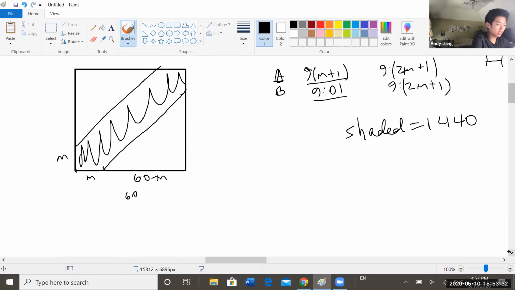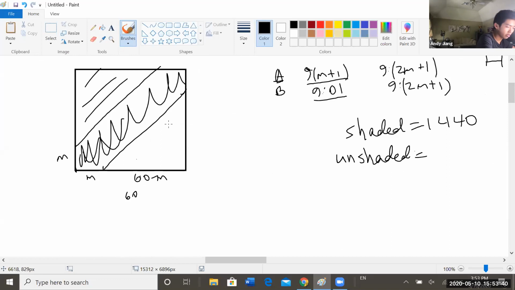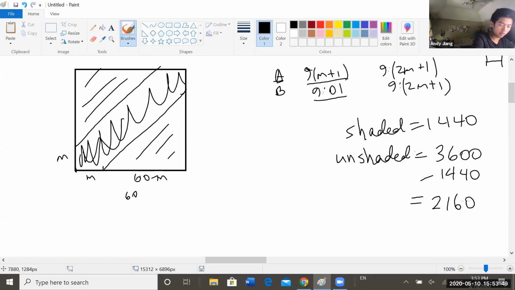So I'm going to find the area of the unshaded. And the unshaded region is 3600 minus 1440, which is 2160. And how do I solve the area of the unshaded region?